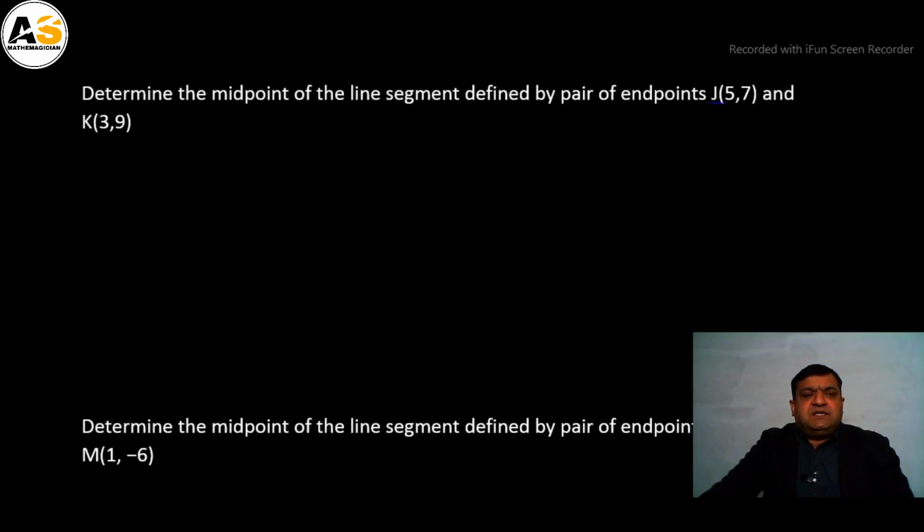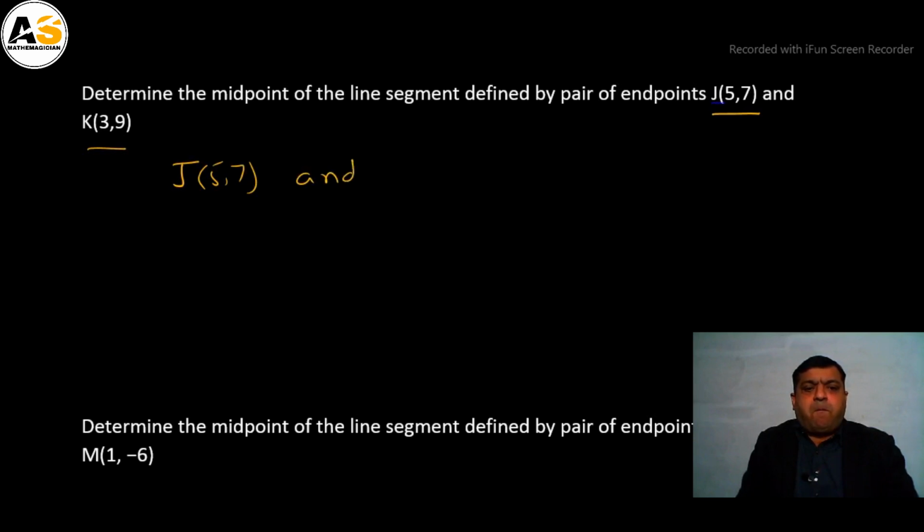Our first question today, you can see on your screen. We need to determine the midpoint of these 2 points. Given points J (5, 7) and K (3, 9). What is x1? 5. What is y1? 7. What is x2? 3. What is y2? 9. What is the formula for finding the midpoint?